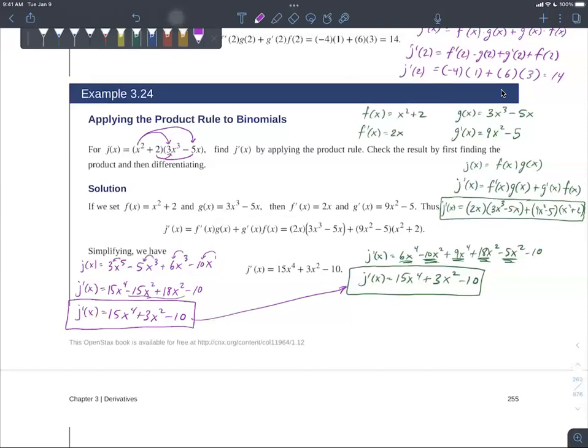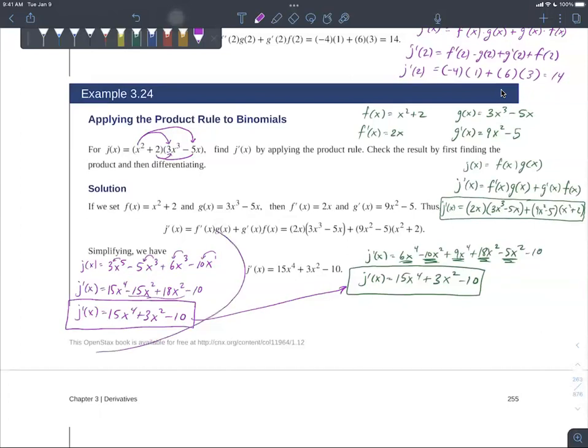One way would be to use the product rule. The other way would be to multiply the two binomials together. Then we have just a sum and difference of functions, so we don't have to use the product rule anymore. Then we just take the derivative, and we would get the same thing.